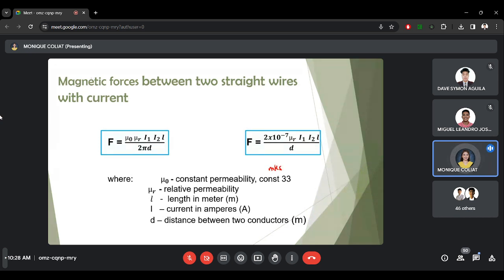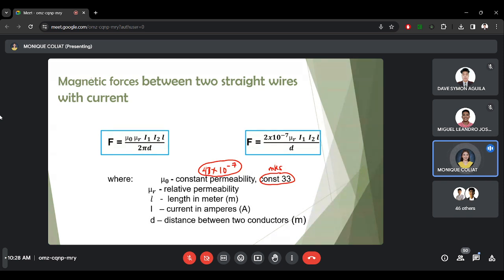MKS or meter, kilogram, and seconds na unit base. Okay, so that is your constant permeability, or yung ating 4 pi times 10 raised to negative 7. Iisa lang yan ha. This one, 4 pi times 10 raised to negative 7, is the same as constant 33. So, nasa sa inyo kung gusto nyo sauluhin ang 4 pi times 10 raised to negative 7 or mag-constant 33 na lang kayo.